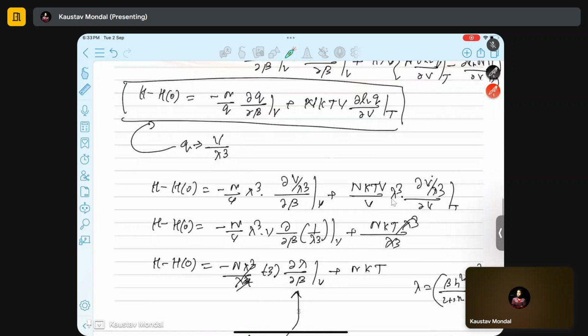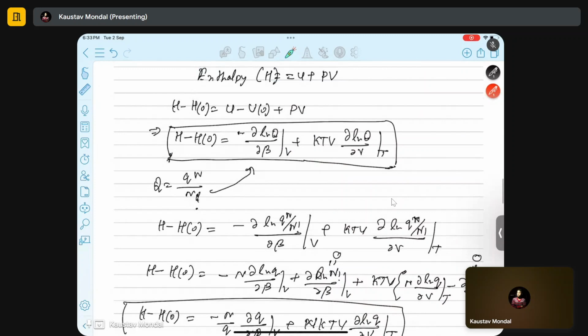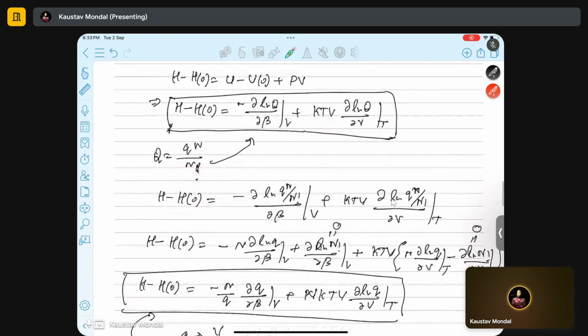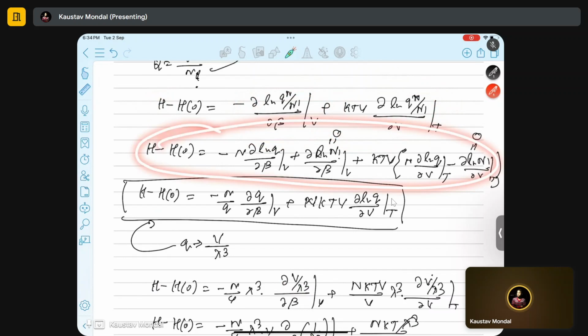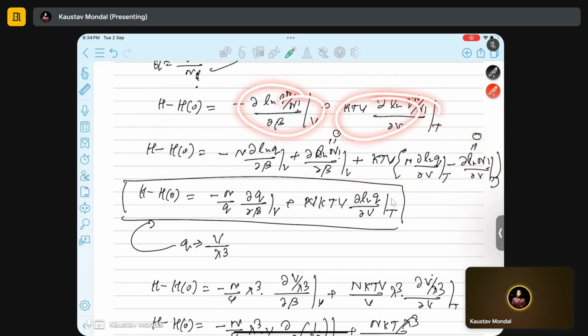Now we substitute the expression of the capital Q, the canonical partition function, in terms of small q. After doing the substitution, we get H minus A0 equal to a derivative of ln q^N by N factorial. After doing the derivative on the right hand side, we get the expression of H minus A0 like this.